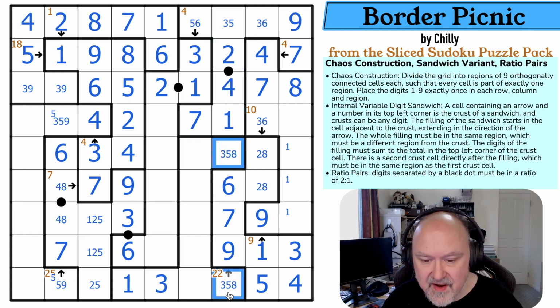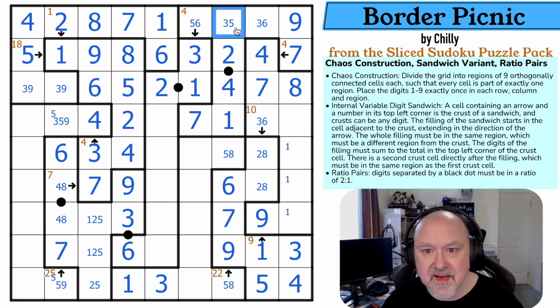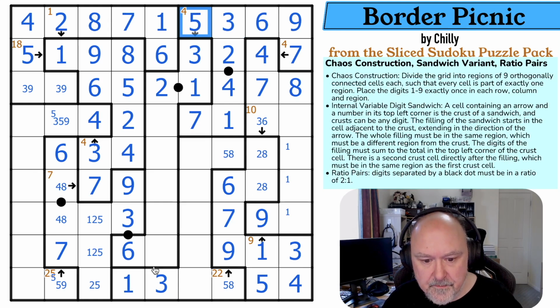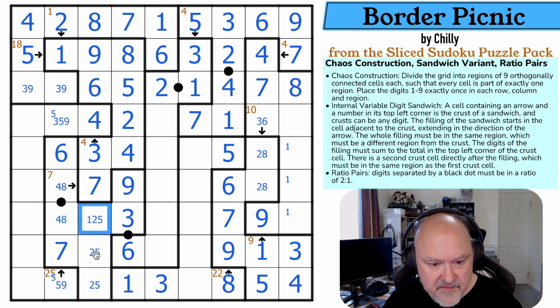So these are 3, 5, 8, but I've already got a 3 in this region. So this is a 5, 8 pair, making that the 3, that the 6, that the 5. Can I resolve the 5, 8? Yes, the 5 makes that the 8, which makes that the 5. The 1 says this isn't the 1, so the 2, 5 pair here makes that the 1.